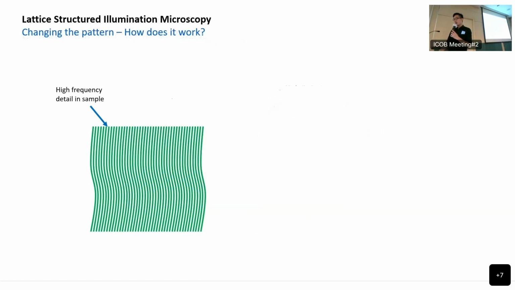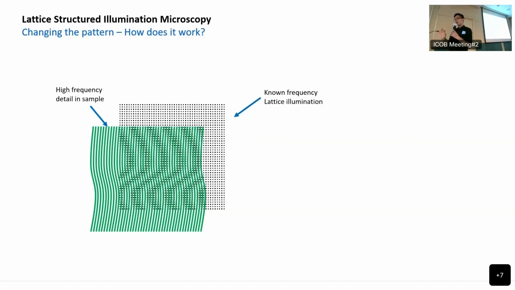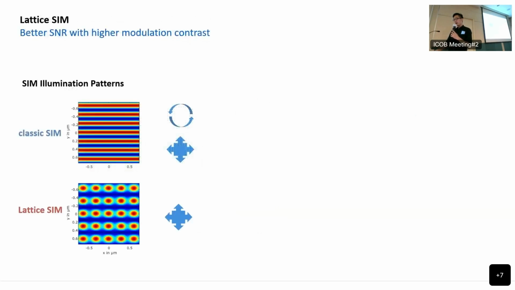In the new design, we apply a grid with hexagonal dots. So we don't need to rotate the grid. We only need to move the grid up or sideways, which provides much faster imaging speed. So let's compare the classic SIM and the latest SIM.